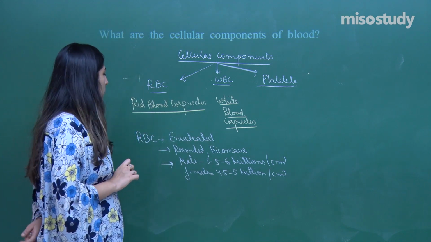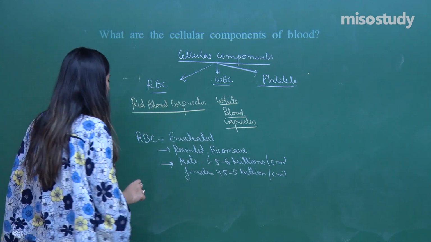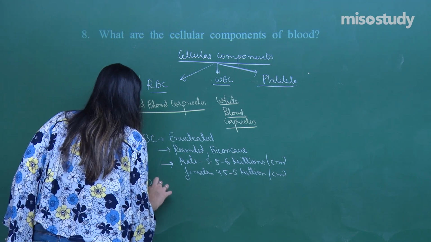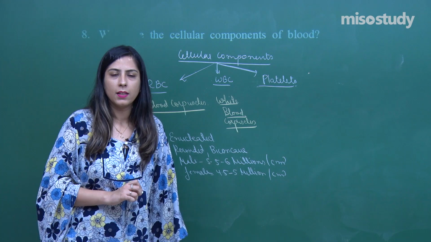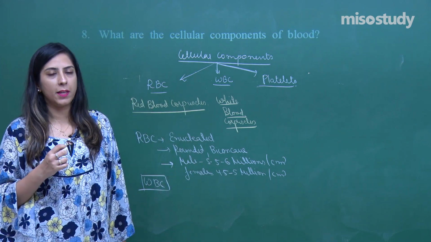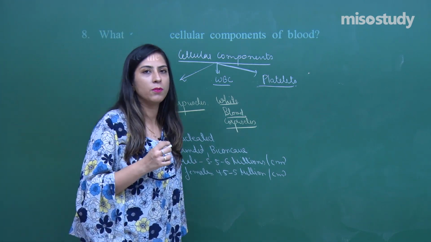Right. Now, let's talk about the WBC. WBC is called white blood cells, and these white blood cells have a nucleus present in them. It is further of two types that you have to explain.